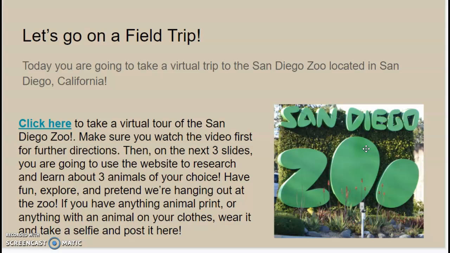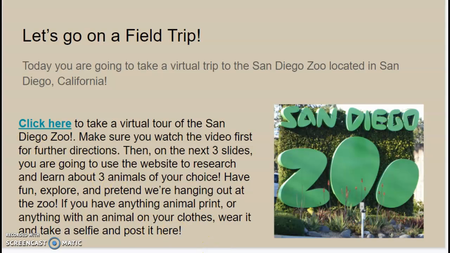Okay? But this field trip, like I said, you are going to be taking a trip to the San Diego Zoo. Make sure you watch this video first, and then you will be clicking right here, and it will take you to the zoo website. On that website, you're going to be learning about 3 different animals of your choice.